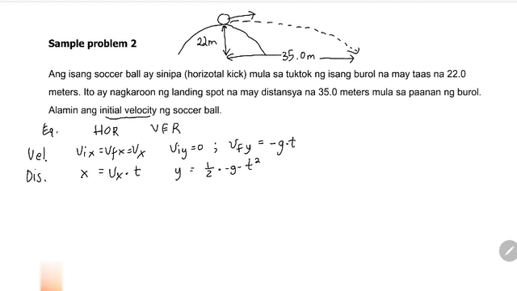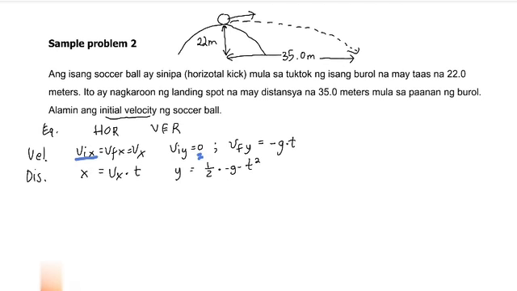Now we are looking for the initial velocity. Initial velocity ng soccer ball. Okay, alin ba yung may initial velocity ng soccer ball? Definitely, alam natin na this is not referring to the initial velocity na vertical kasi wala naman siyang vertical component, 0 nga siya. It's looking for the initial velocity na horizontal component.